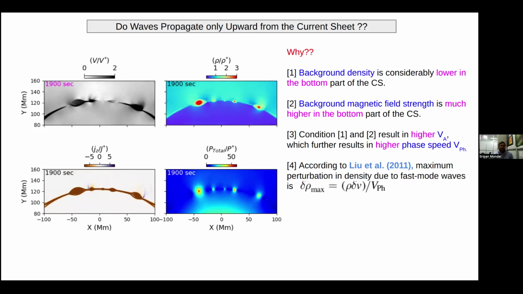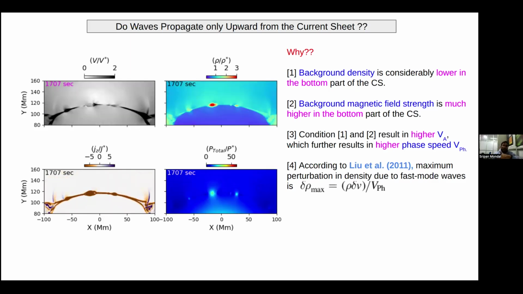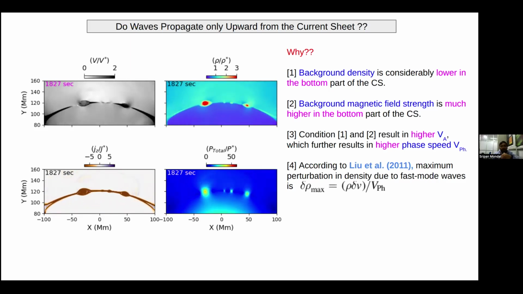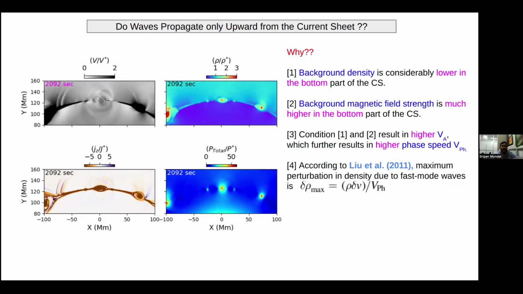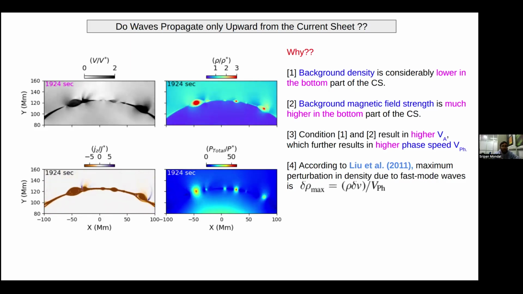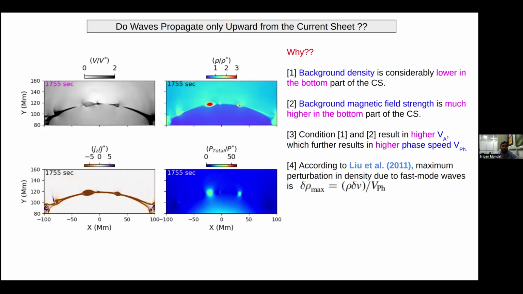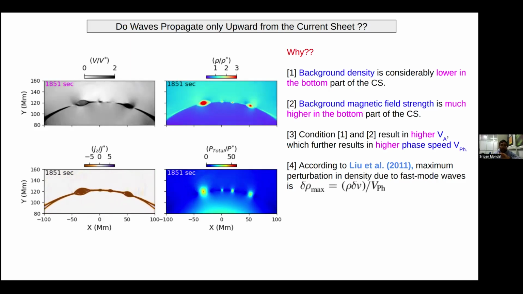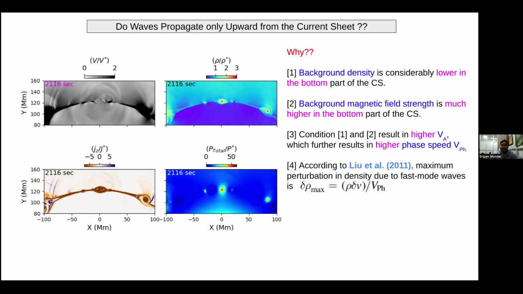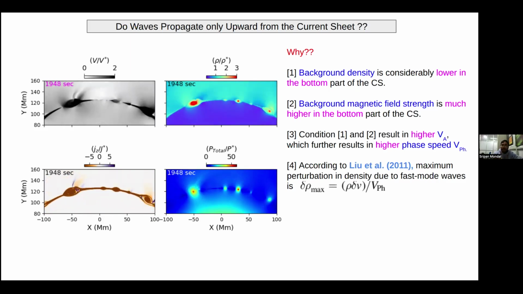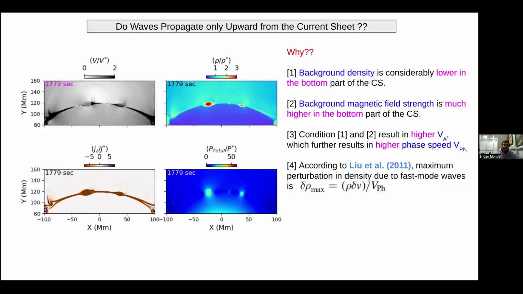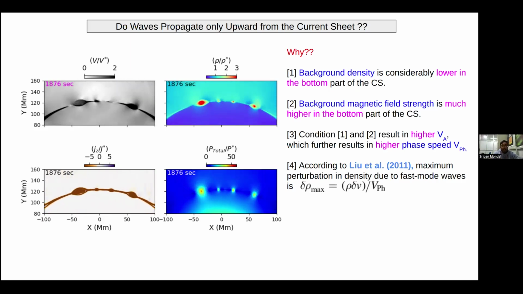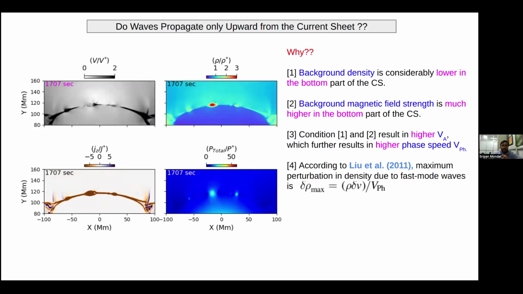Now consider that del V is similar in the bottom as well as the upper part, but since rho is lower in the bottom part and VPH is higher in the bottom part, del rho max will be much lesser in the bottom part in comparison to the upper part. That's why we don't see any wave-like perturbation in density as well as in the current density, due to the higher magnetic field also, and we can only see the perturbation in velocity.